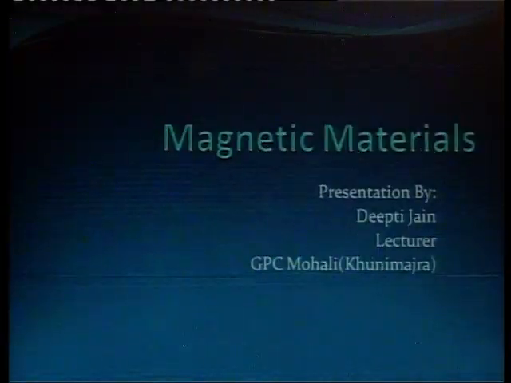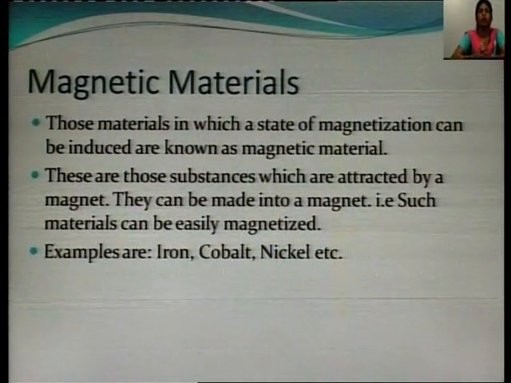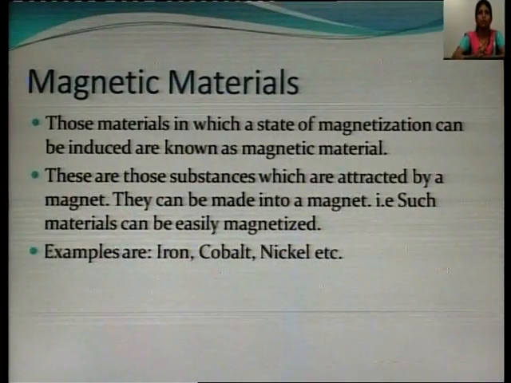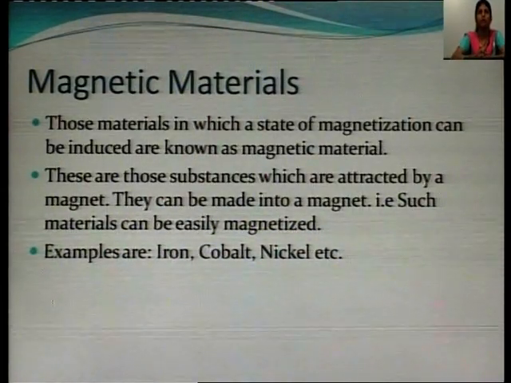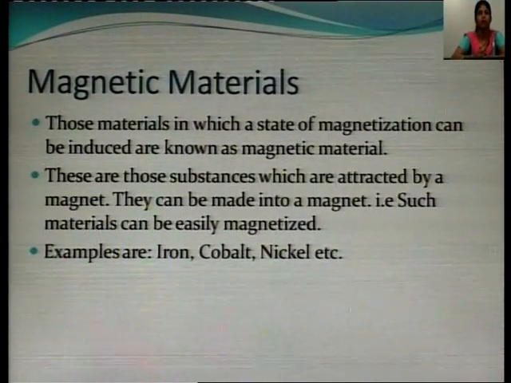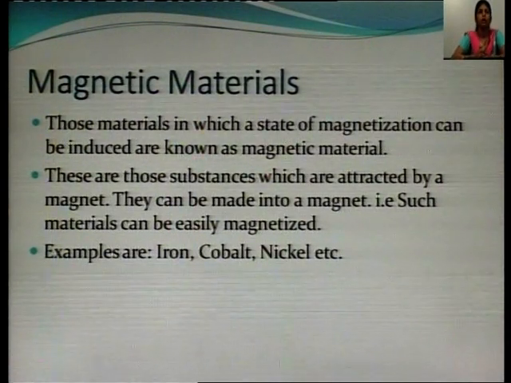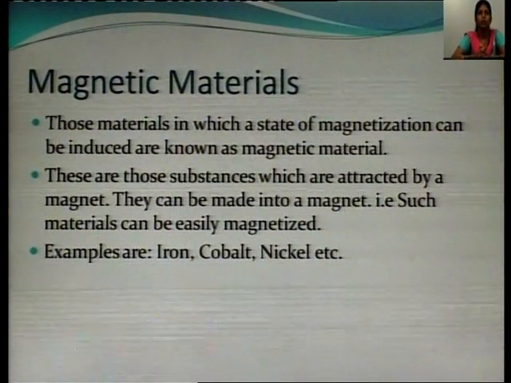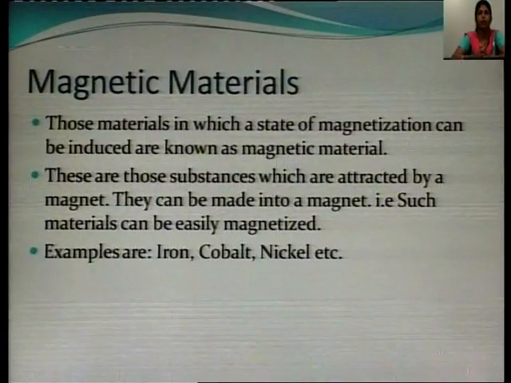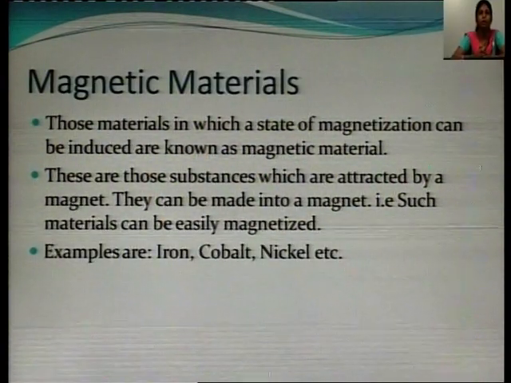First of all, let us take the introduction. What are magnetic materials? Those materials in which a state of magnetization can be induced are known as magnetic materials, or in short, these are those substances which are attracted by a magnet and that they can be made into a magnet.